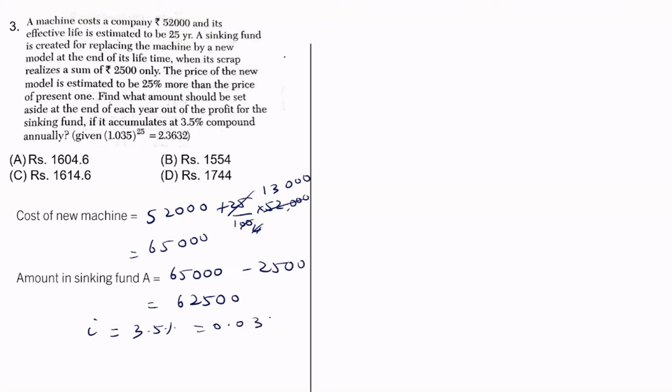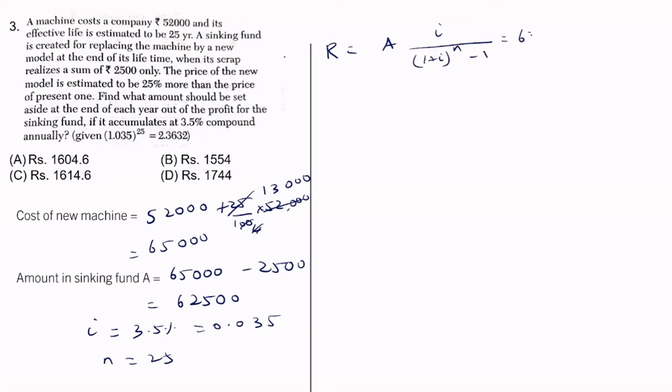So it is 0.035. And next we have N is 25 years. Its effective life is 25 years. So we need the sinking fund amount at the end of 25 years. So we can find R as A into I upon 1 plus I the whole raised to N minus 1.